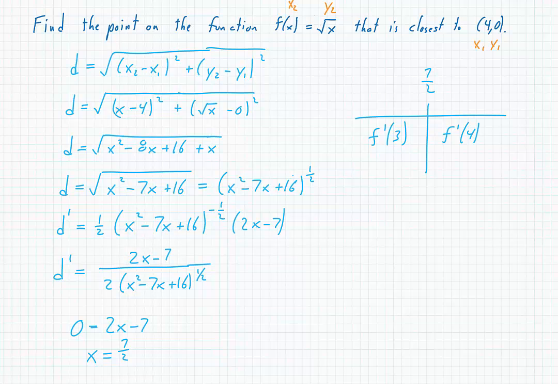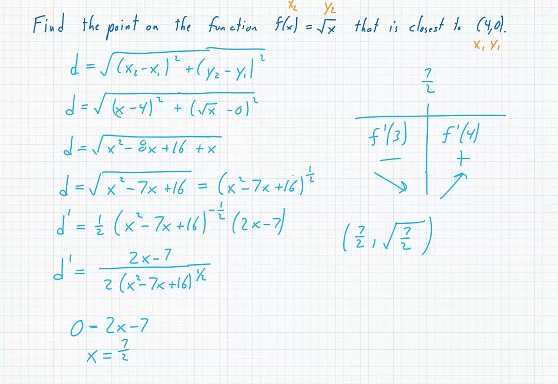So if we plug 3 in, we'll get 6 minus 7, that's negative. We're decreasing on that side. If we plug 4 in, we'll get 8 minus 7, that's positive 1. We're increasing on this side. That definitely looks like a relative minimum. So the point on the graph that minimizes the distance to (4, 0) is going to be the point 7/2 comma the square root of 7/2.